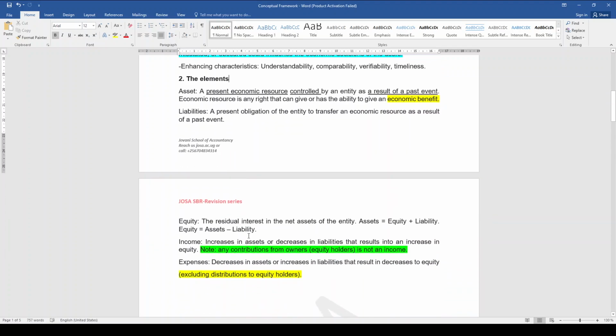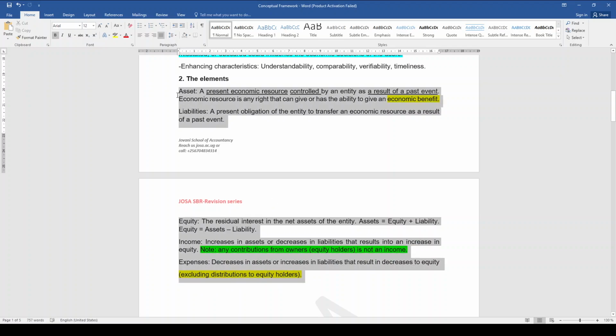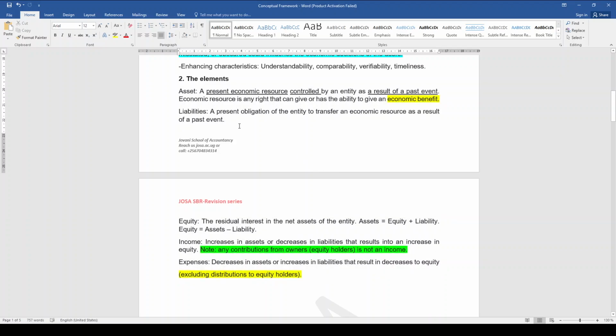At one point, when you're stuck with the treatment of a given transaction, once you remember the definitions provided by the conceptual framework, you can be able to classify the transaction either as an asset or a liability, an equity, income, or expense.